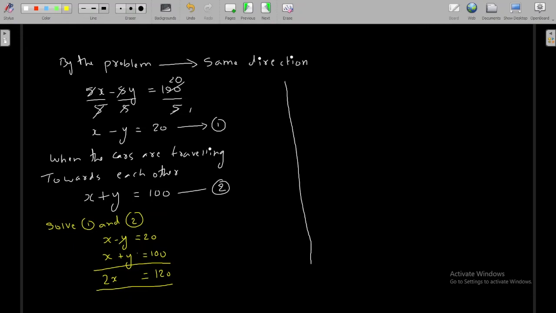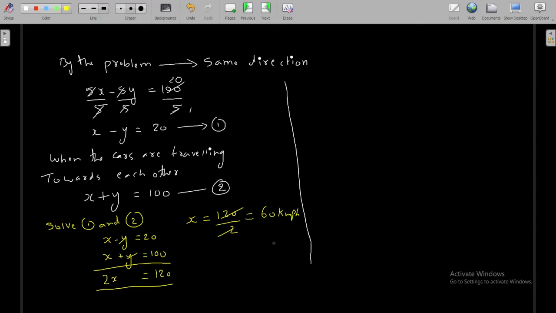So both these will get cancelled. I will get 2x is equal to 120. That is nothing but x is equal to 120 by 2. So I will be getting x as 60 kilometer per hour.